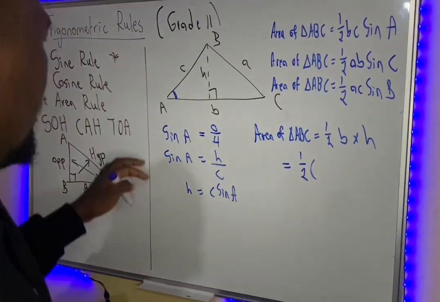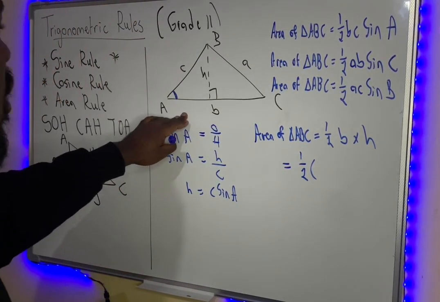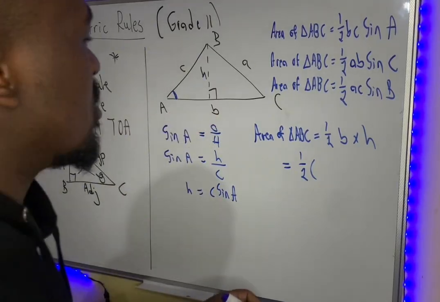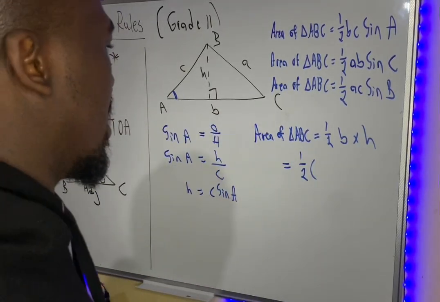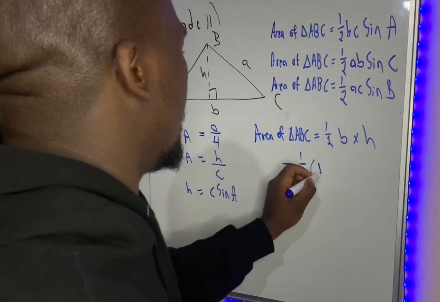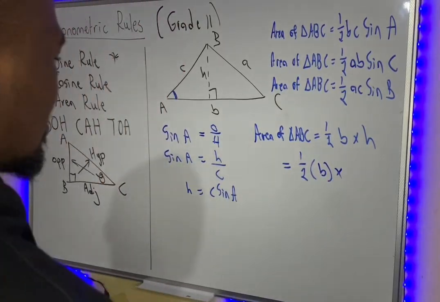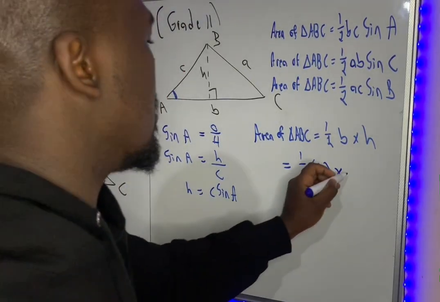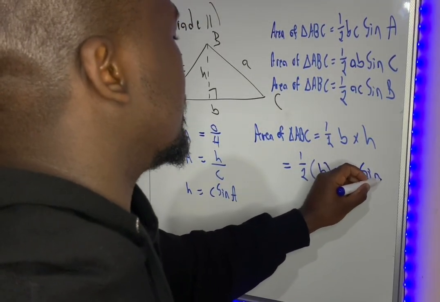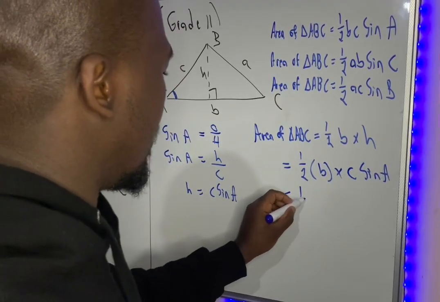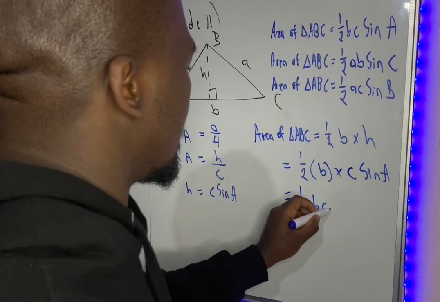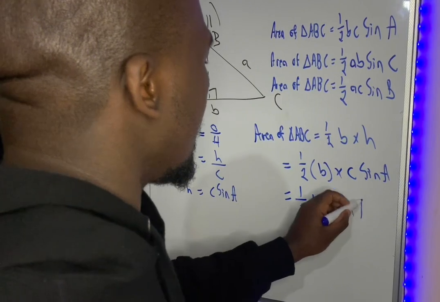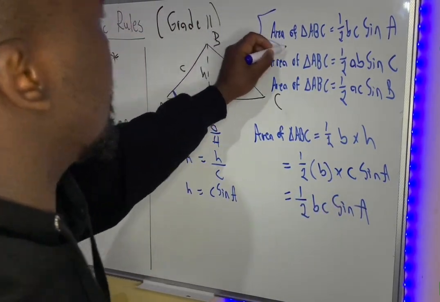Our base, if we're looking at this triangle here, is going to be this B here. So B is the base of the triangle. We're just going to put B multiplied by the height, which is C sine A. You can simply see at the end we get 1 over 2 BC sine A, which is this one.